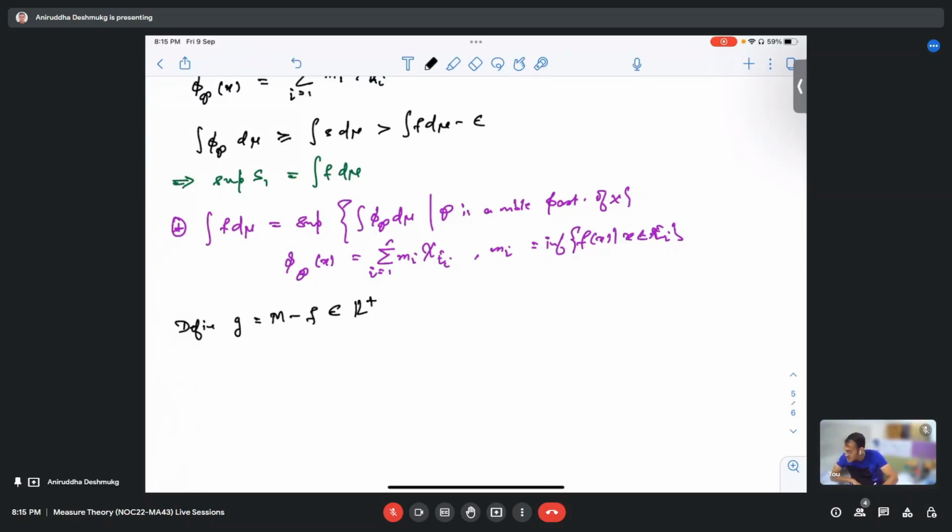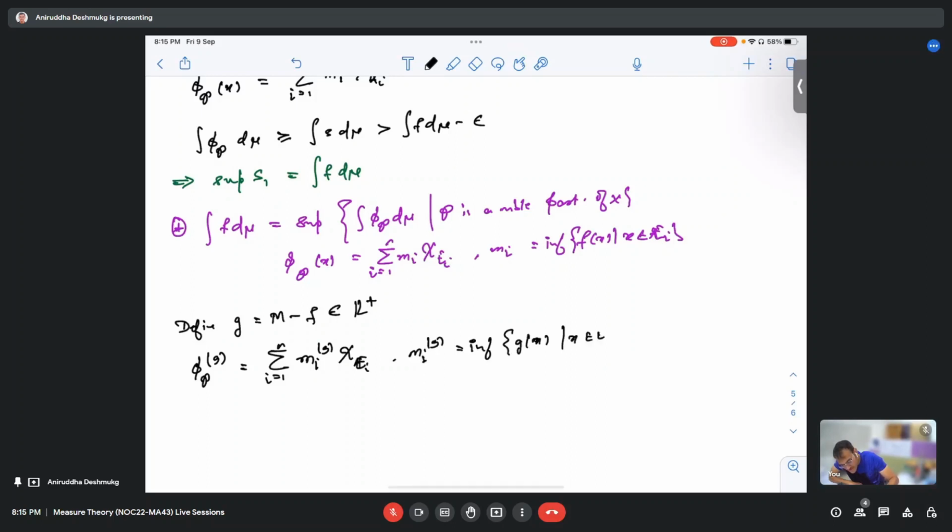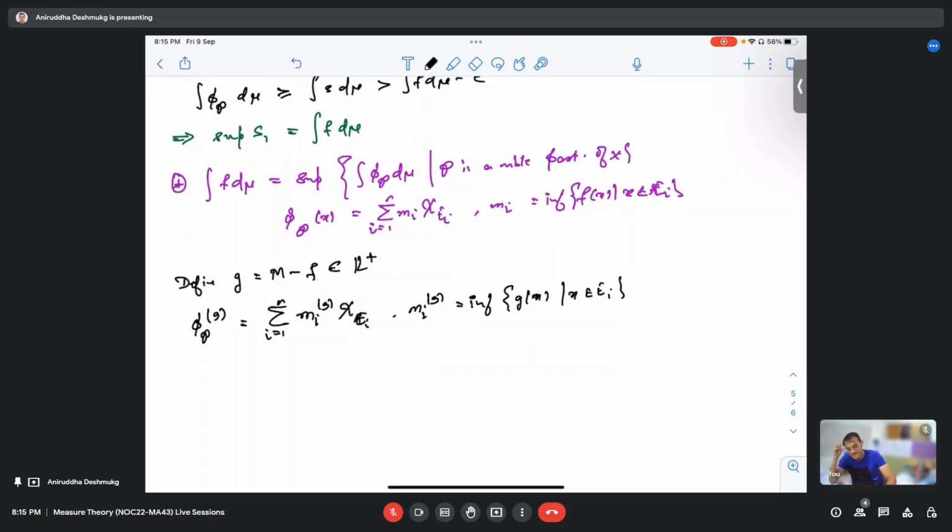Now, if g is measurable, we can correspondingly define φ_P of g as the summation of m_i(g) chi E_i, where m_i(g) is the infimum of g(x), where x belongs to E_i.